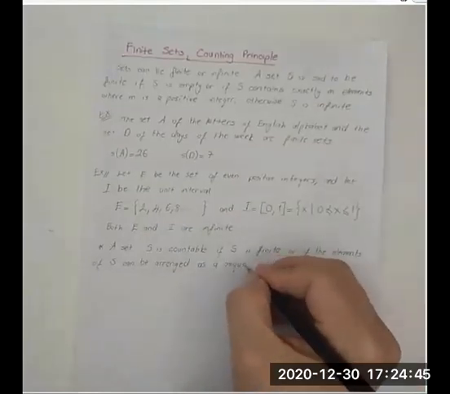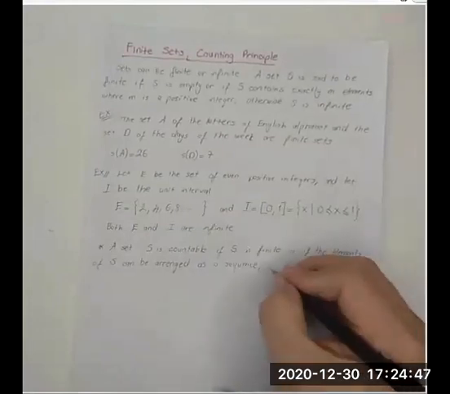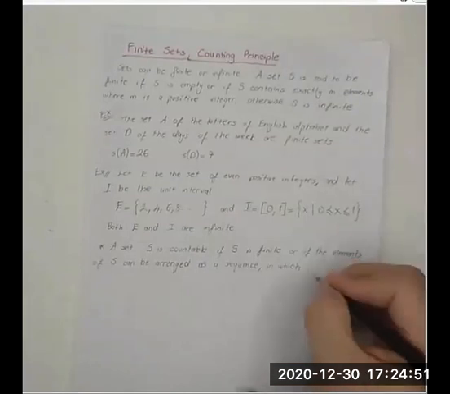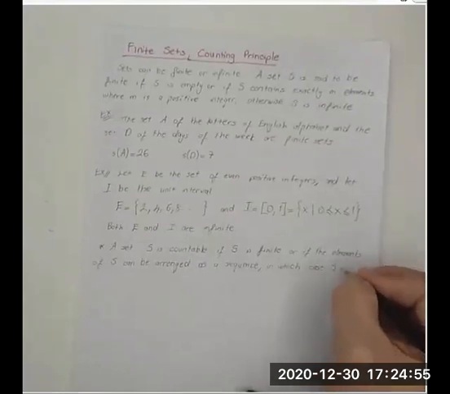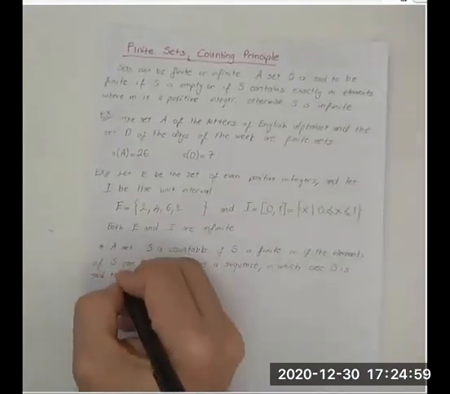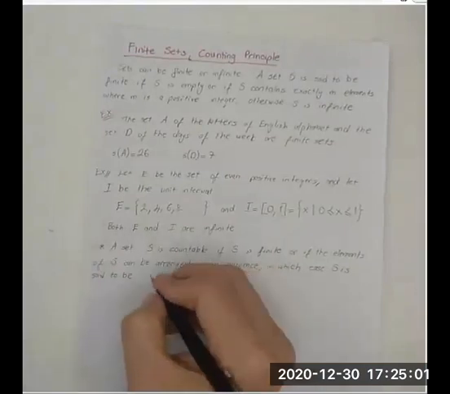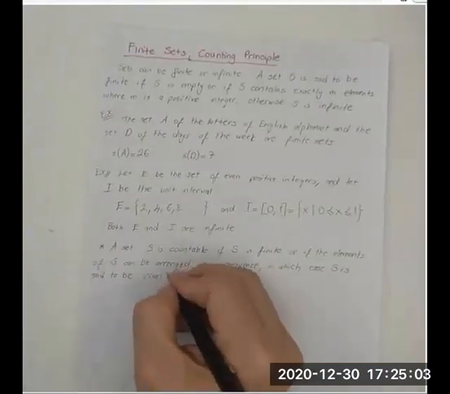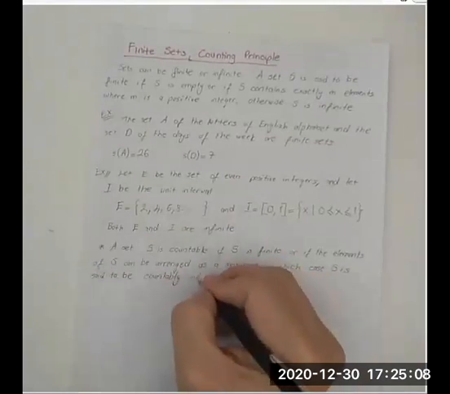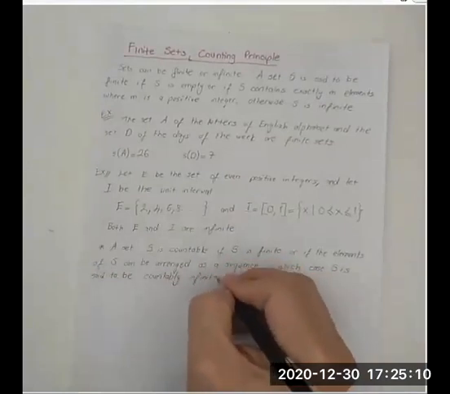For those two conditions, we will say this is a countable set, in which case S is said to be countably infinite.